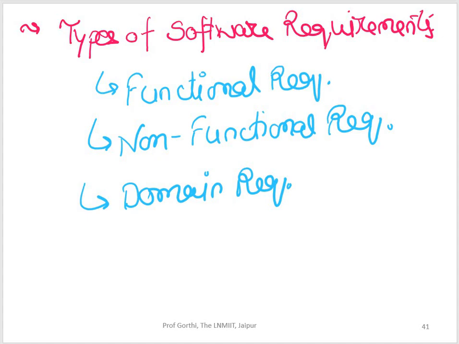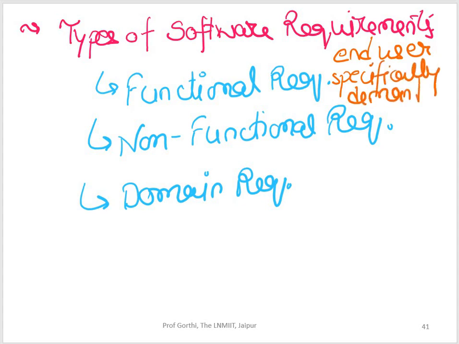So your functional requirements are the requirements that the end user specifically demands, right? And these demands are like the basic facilities that the system should offer. All these functionalities need to be necessarily incorporated into the system as a part of your basic understanding.